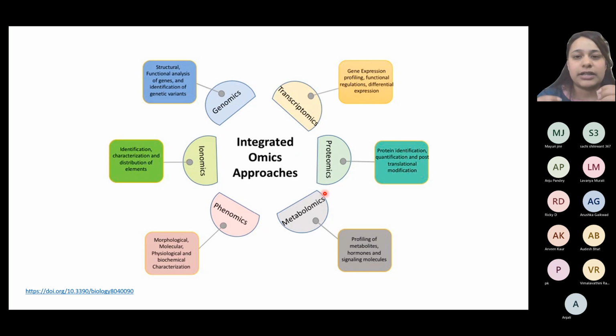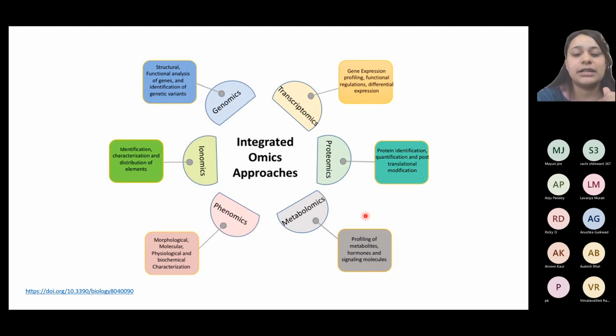So if a particular metabolite is very significantly upregulated in one particular person as compared to the normal population, then this upregulation of the metabolite might be the contributing agent of the particular condition that this patient is suffering from, right? So it is very close to the phenotype. So that is why proteomics and metabolomics are even more up and coming fields as of now.